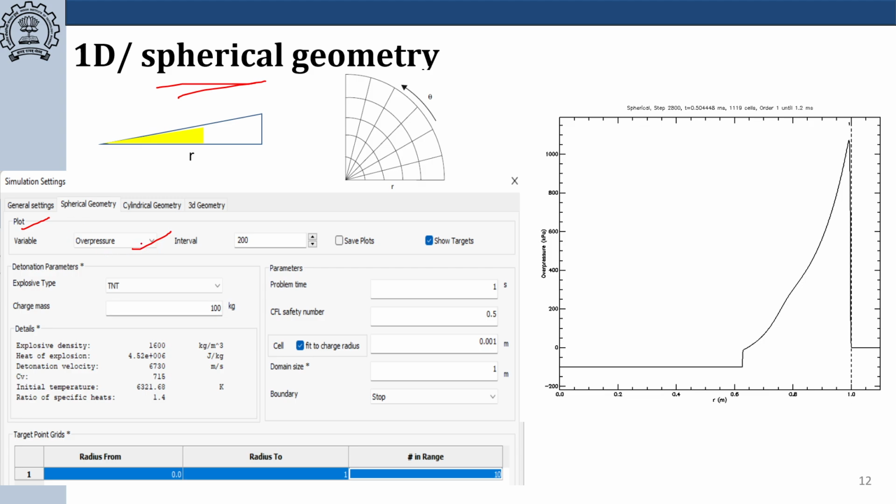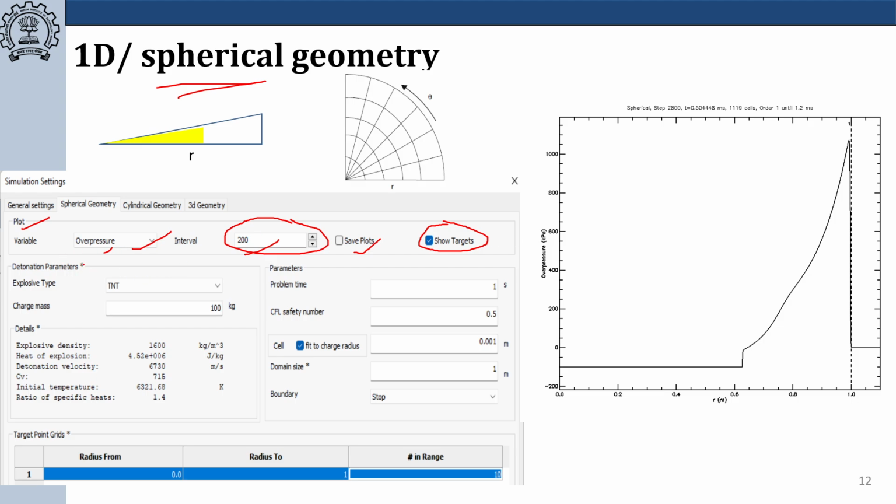Which parameter you want to see the variation of? You have to choose the parameter, and at what interval you want the graphical user interface to update. It will update at that interval, and you can save the plots also at what interval it gets updated. And show targets is your targets, what you have chosen, it will be visible on the GUI.